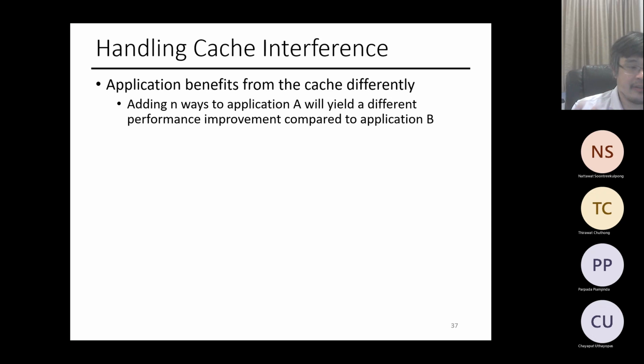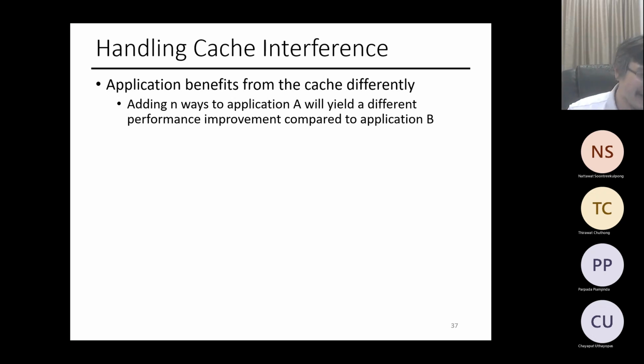So for handling cache interference when one application uses the cache, people have proposed that maybe we can partition your cache. Let's say I have applications A and B running. I will add n ways to application A. If I add that, application A would get a performance improvement, but it's going to be different from the other application because they have different utility.